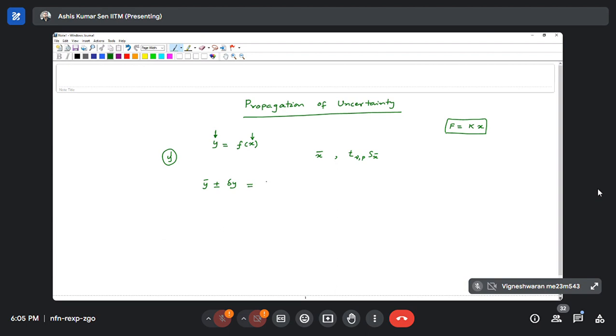And this is, of course, going to be, since y is a function of x, y mean plus minus delta y is going to be a function of x mean plus minus t nu p S x mean. Okay.